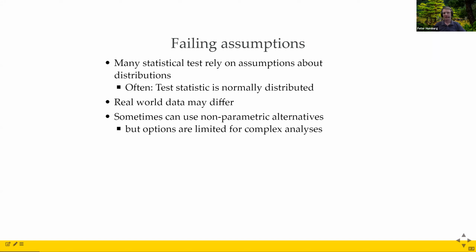Because it's fairly easy to find a non-parametric test for simple comparisons, but if your analysis requires something more complex, then it's quite possible that there isn't any good, ready-made non-parametric test that you can just plug in. So what are you going to do?